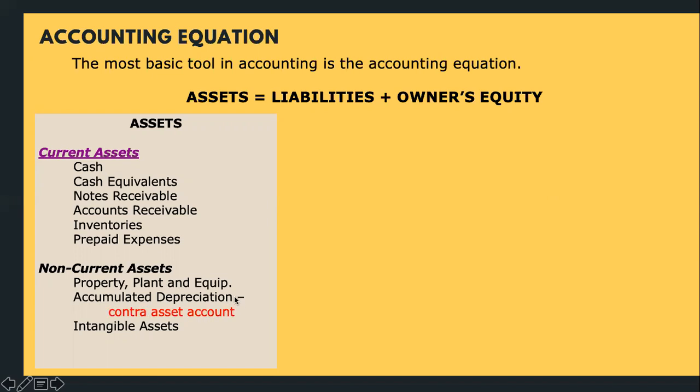Accumulated depreciation decreases the balance of property, plant, and equipment, especially when we compute the carrying amount, because PPE is presented in the financial statements at carrying amount or book value. Again, take note, accumulated depreciation is a contra asset account. Then last is intangible assets. Examples of intangible assets are copyrights and franchise fees.